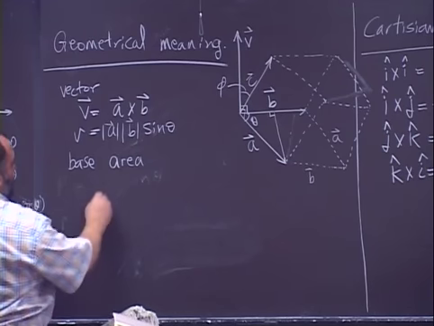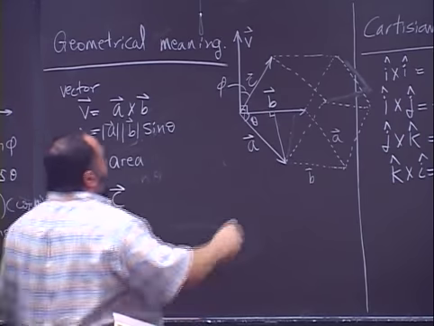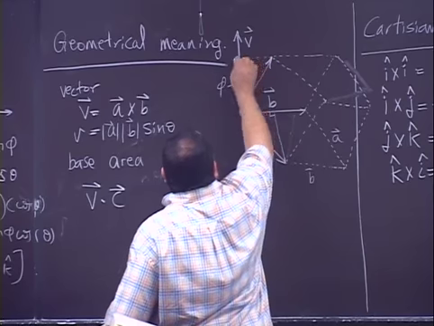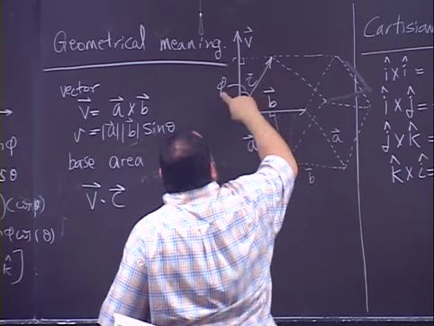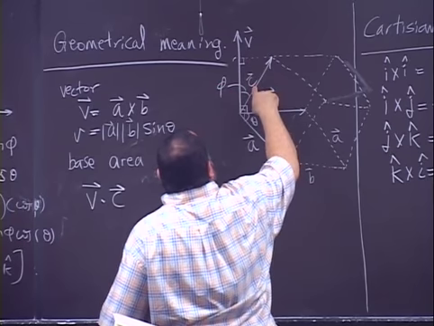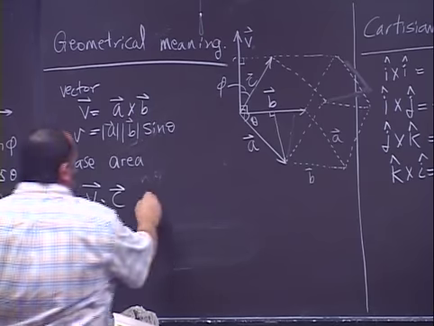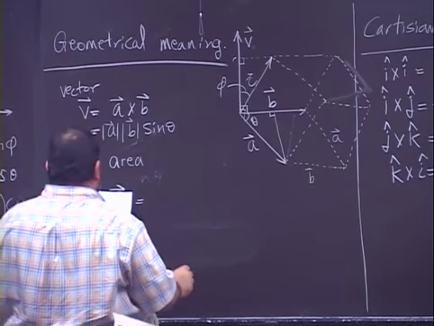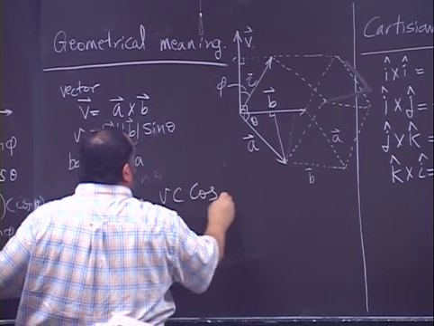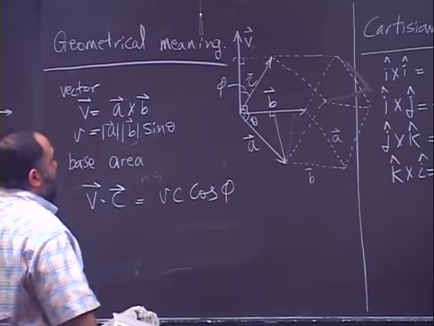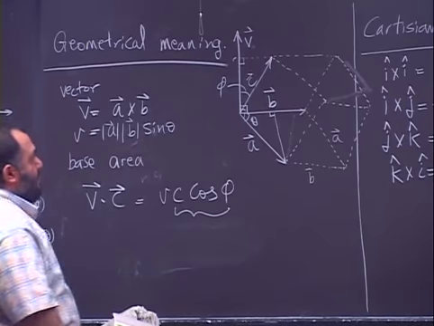So vector V dot C. What's V dot C now? Vector C dotted with vector V is equal to VC cosine phi.